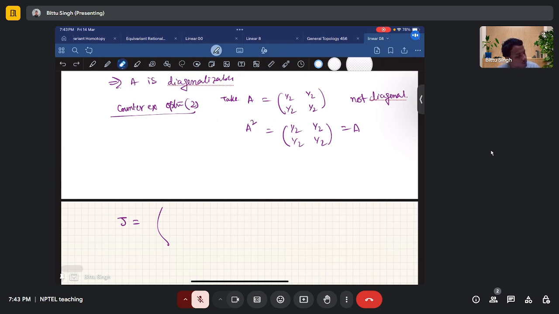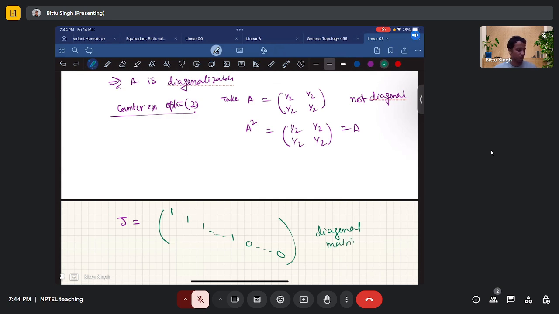So the possible Jordan form will be some 1s and some zeros, and J is actually a diagonal matrix.